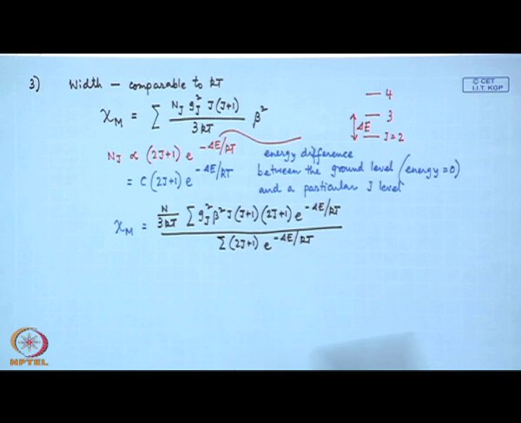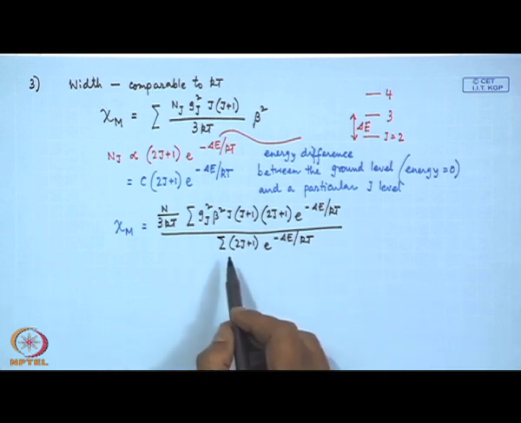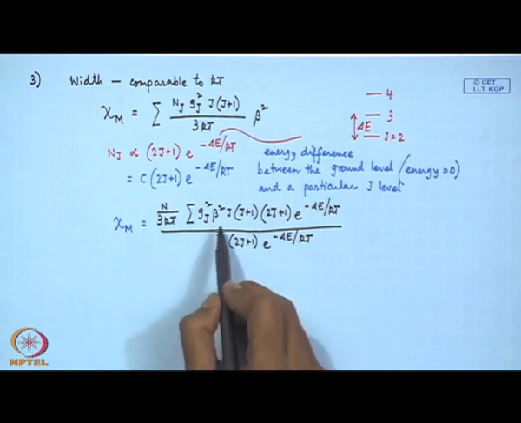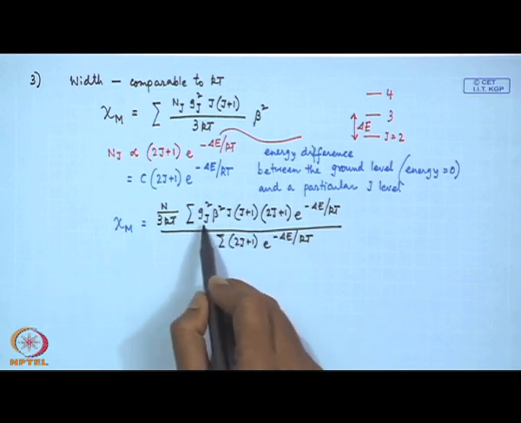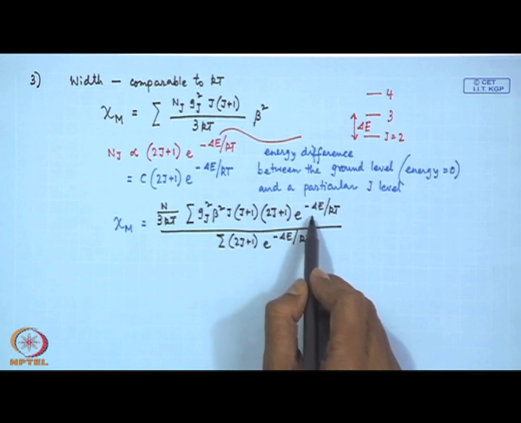So, what we get now is that the molar susceptibility can have all these terms, that means it can have the values of this J, the Gj values and the corresponding energy term.